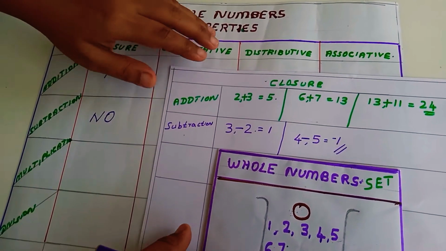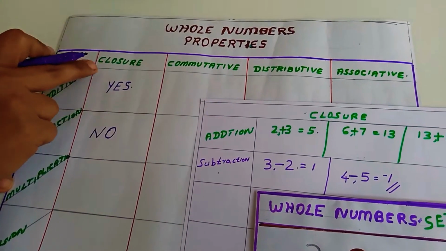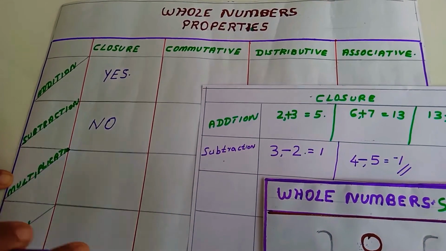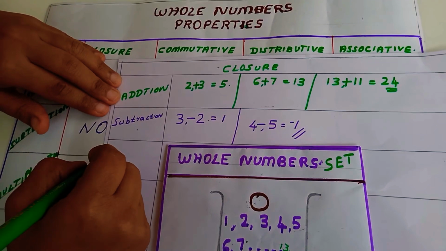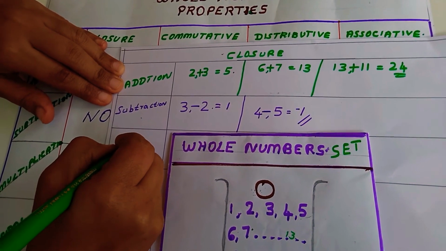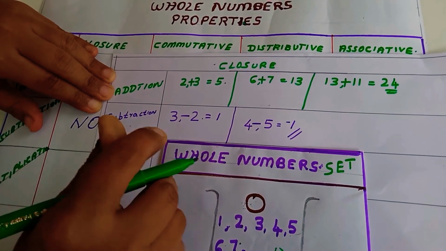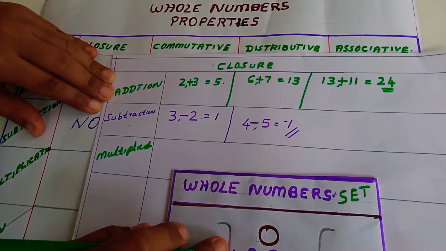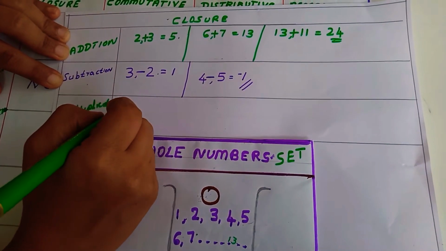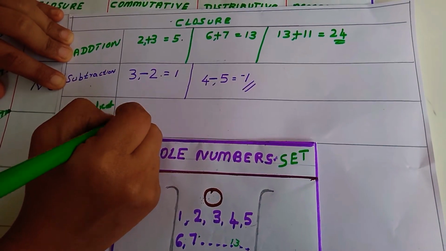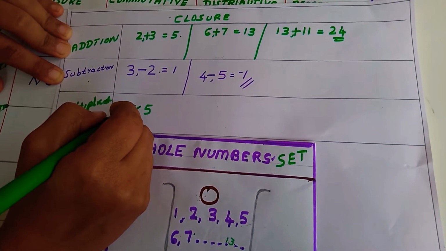Next we are going to think about closure property on multiplication. Just take two numbers from this whole number set. 4, 5. Just do the calculation.